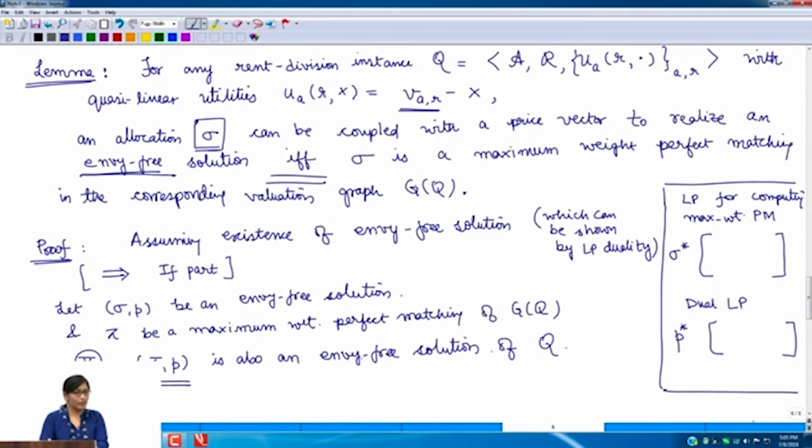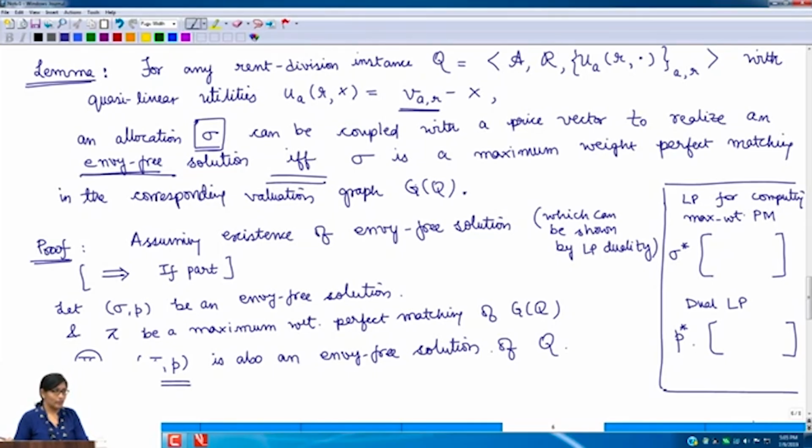I know that I've assumed existence right now, but currently I'm just assuming existence. The existence can also come from a combinatorial lemma, which is a variant of Sperner's lemma, called the KKM lemma, and existence can be shown from other methods as well, but this is a simpler one.